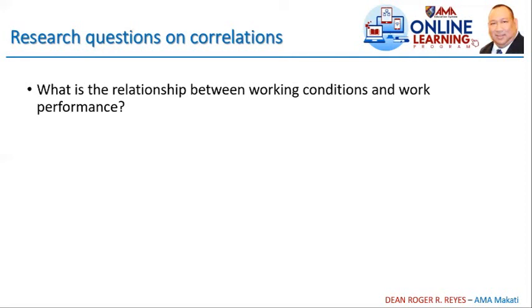Tanungin natin, kumusta ang working environment in terms of different indicators or different variables or different factors. And then tanungin natin, ano ba ang kanilang work performance? And then we establish the relationship between the variables. So, ang inyong research should be not only descriptive but descriptive comparative or descriptive correlation.